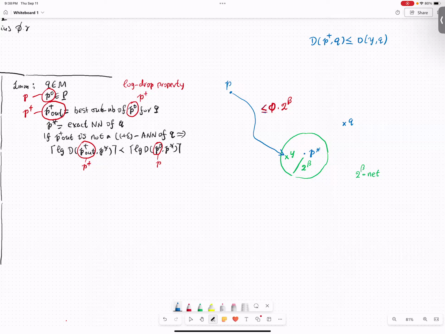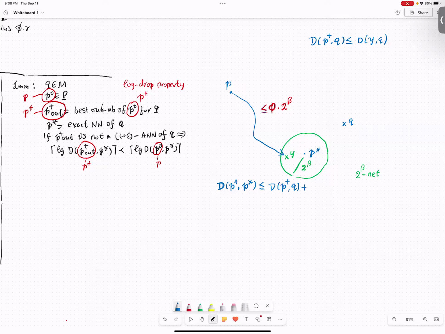Once this is true, I can resort to the triangle inequality to write out several relationships. The first one, I will look at this p star and p plus. p plus is the best out neighbor, so I will use q as the bridge to apply the triangle inequality.